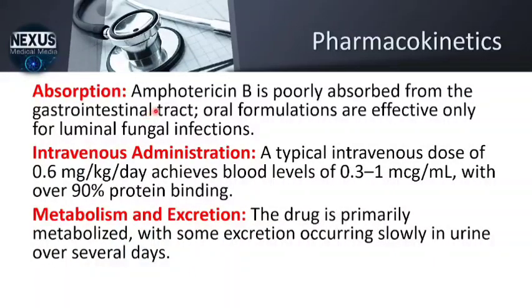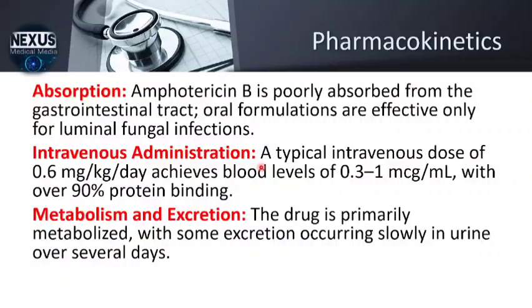Alright, so its absorption is poor if you take it orally, right? So the oral forms will only be effective for luminal fungal infections. IV administration is like what's being done right now.